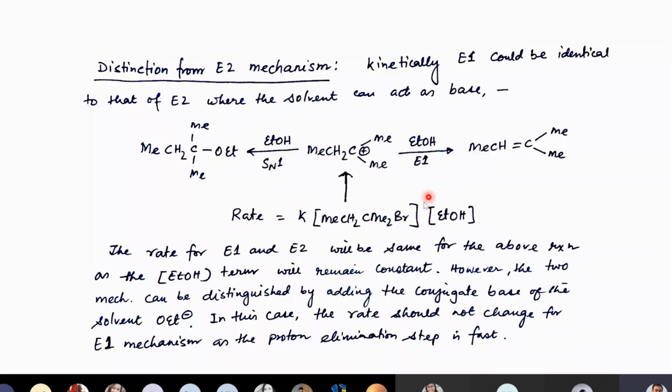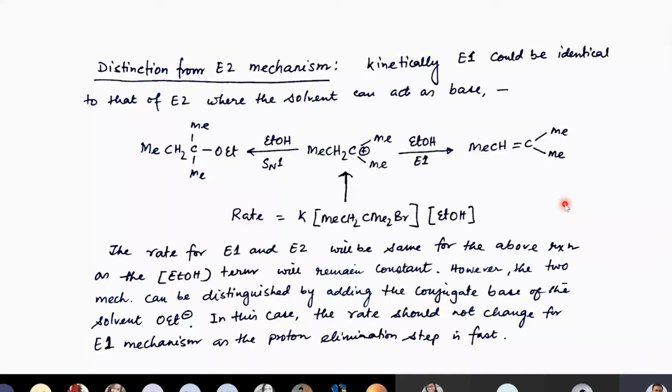Because ethanol is present in a very large excess, the concentration of ethanol term will remain constant. That is why the rate equation will come out the same for both E1 as well as for E2, because your ethanol concentration will remain constant. So from the rate equation, you cannot know whether this reaction is E1 or E2.